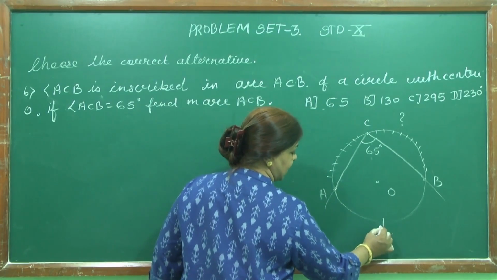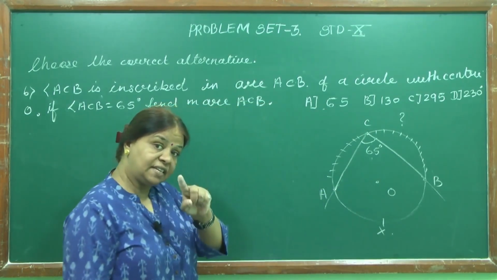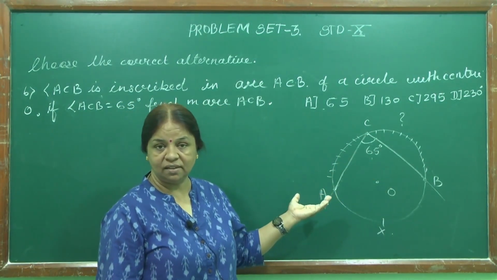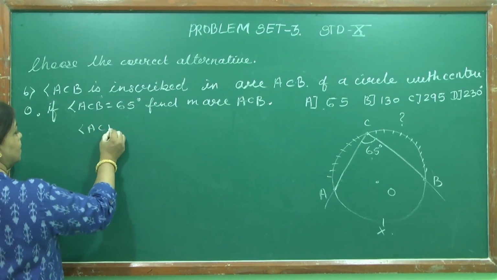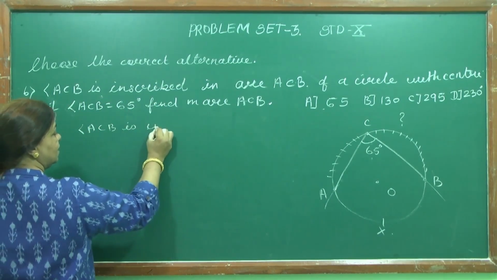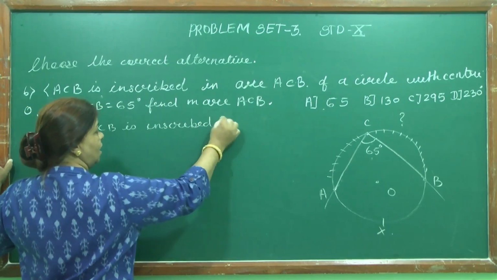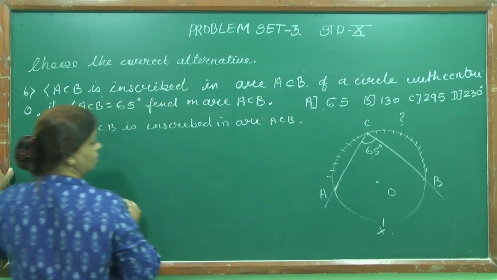Let me label it as X, AXB. It is inscribed in arc ACB. So I can use the inscribed angle theorem. Angle ACB is inscribed in arc ACB.